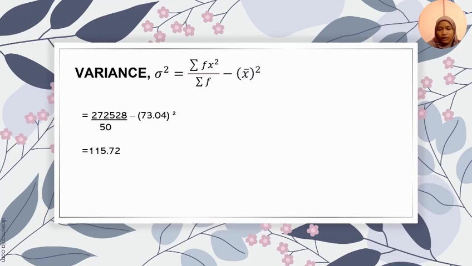After that, to calculate the variance for grouped data, you need to use this formula. You just enter the values from the table before, so you get the value of variance, 150.72.